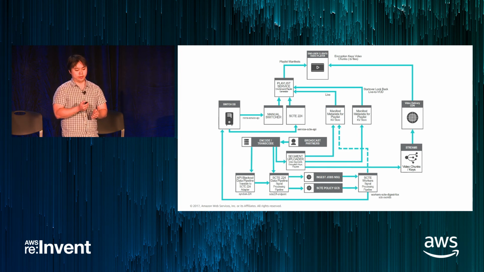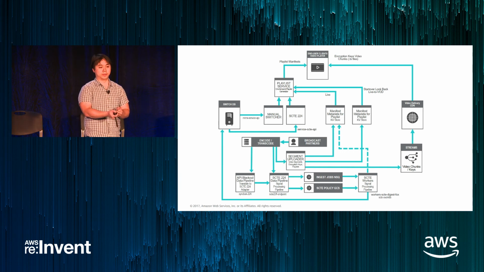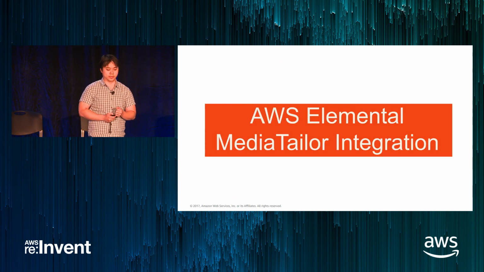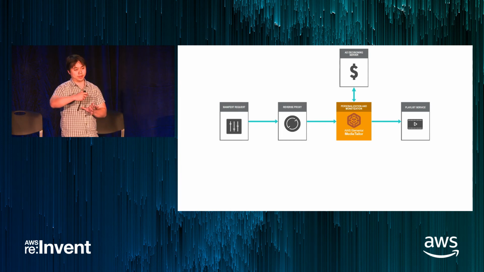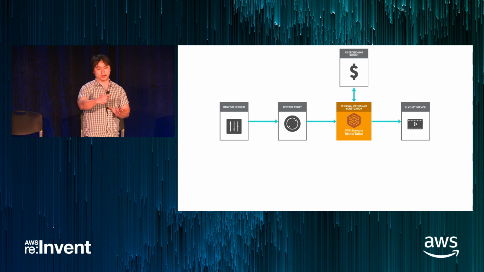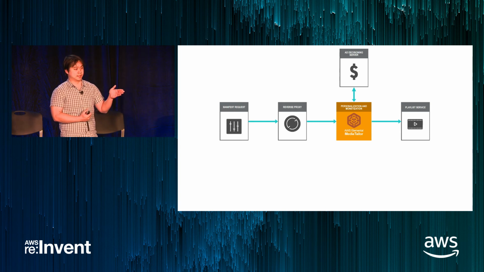So the way it works with our service on the playlist side and with MediaTailor is we have a super simple integration point. All of that complex logic that we have on the playlist is actually encapsulated into the playlist that we present to MediaTailor. And MediaTailor acts as a reverse proxy for those playlist files.